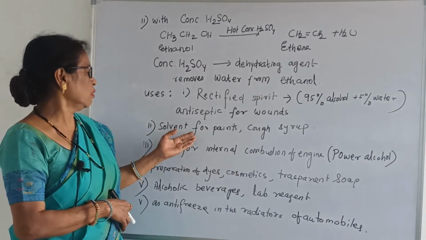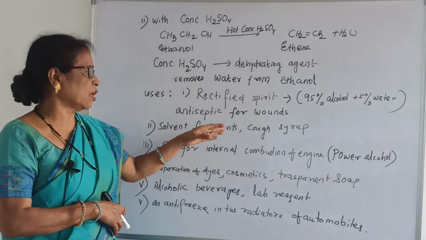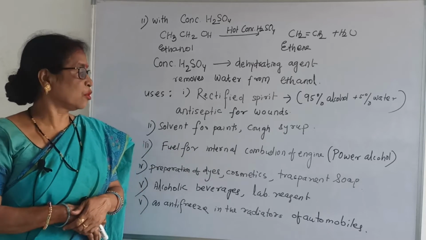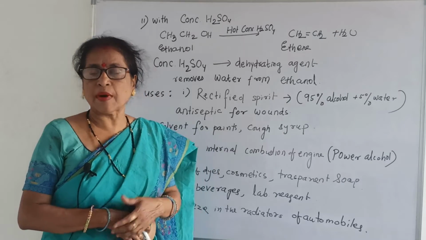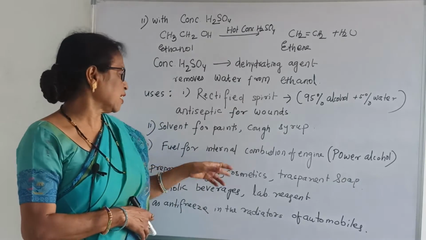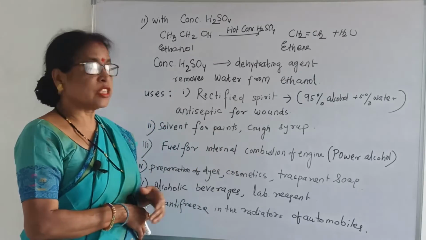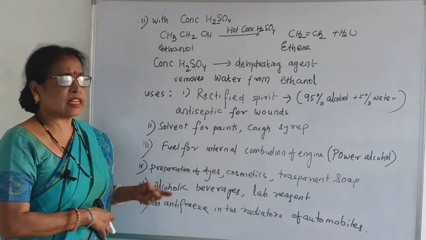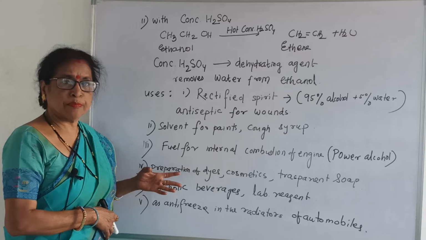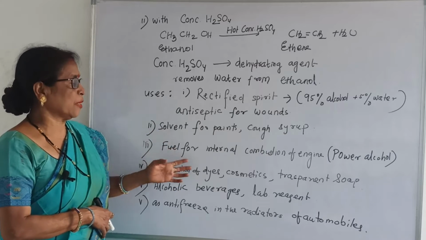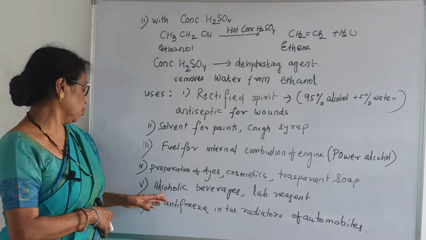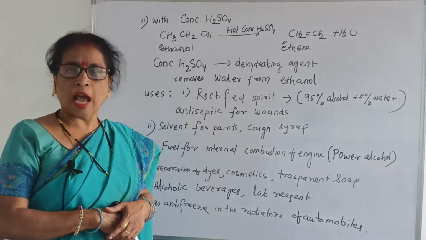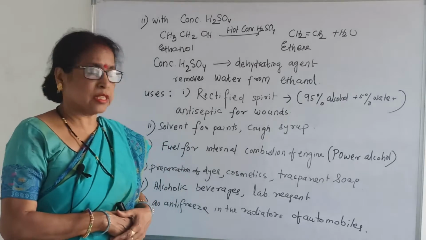It is used as fuel for internal combustion engines, which is called power alcohol. Nowadays power alcohol is very much used. It is also used in the preparation of dyes, cosmetics and transparent soap. Alcoholic beverage means for drinking purposes, though it is not good for health, generally it is used as a beverage.